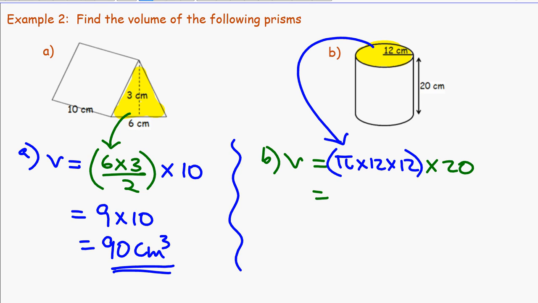And again, if you notice, this is the cross section here. This one here is the cross section as well. So you start by working out the cross section, multiply that by the length, and then you get the volume. So let's carry on. This will be equal to 9047.8 centimeter cubed.